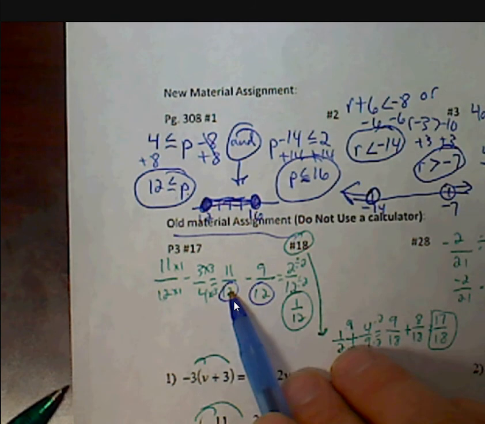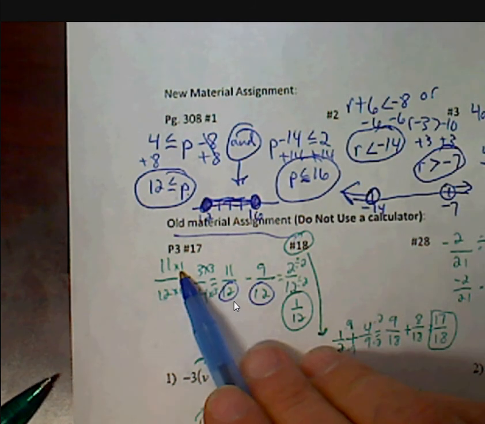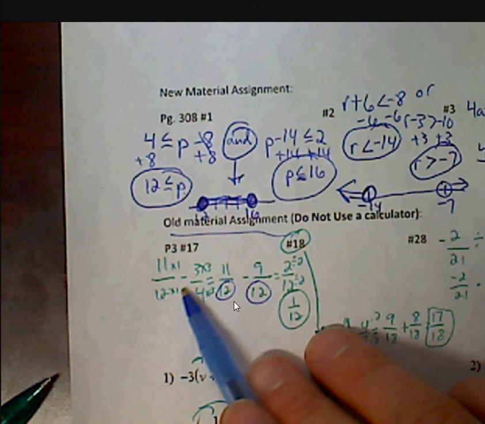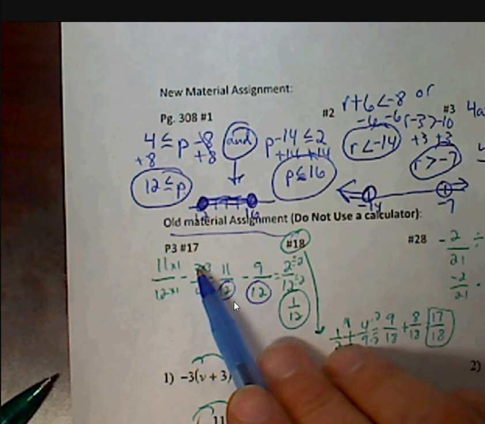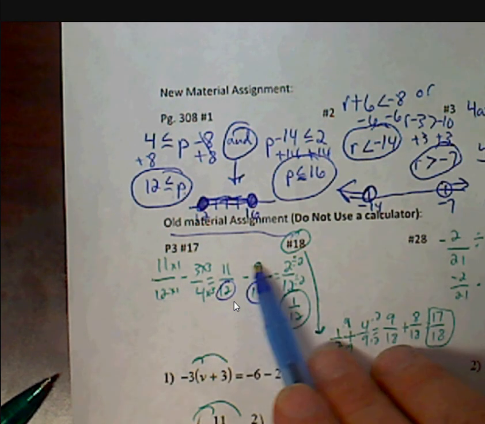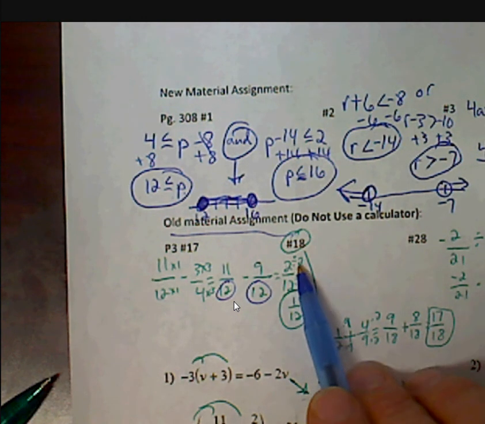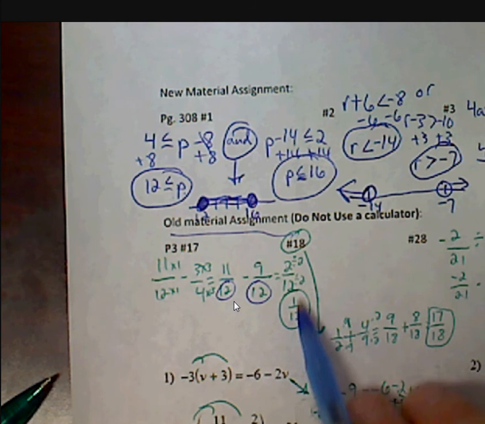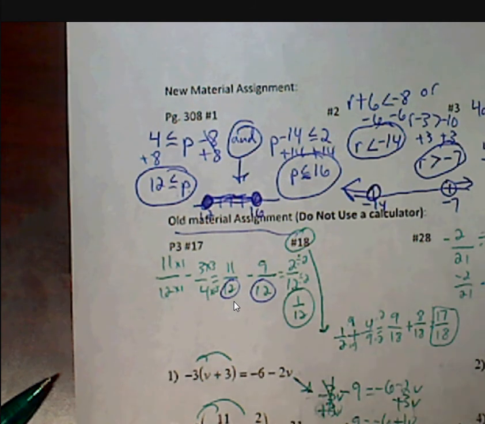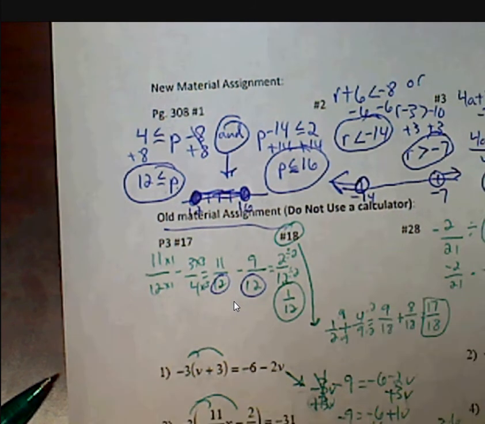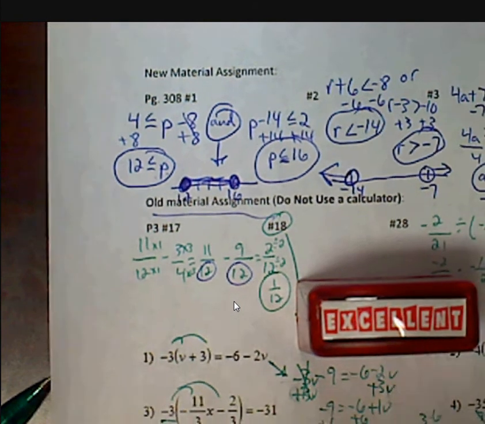How did I get from 12 to 12? I multiplied by 1. That's how I got 11 over 12. Minus, and I got to take 4 times 3. 3 times 3 gives me 9. 11 minus 9 gives me 2. So 2 over 12. If I divide by 2, I get 1 over 12. That's how we reduce our fraction. Go ahead and try number 18. Pause the video and try.